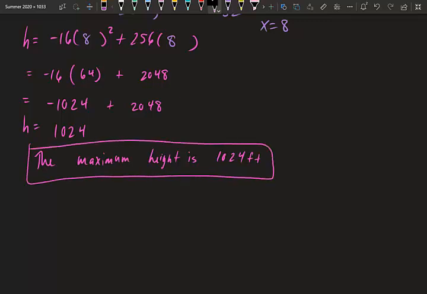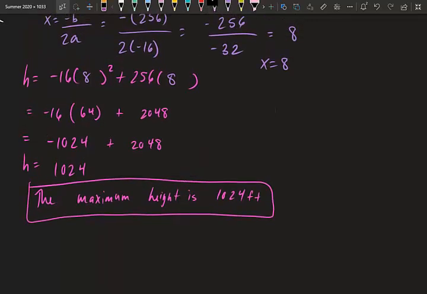Awesome. So just kind of extra information, you know the 8 we found? That means it will reach maximum height after 8 seconds. So after it fires, in 8 seconds, it will be 1,024 feet, and then it'll start to go down. So what that looks like, I'll kind of draw it.